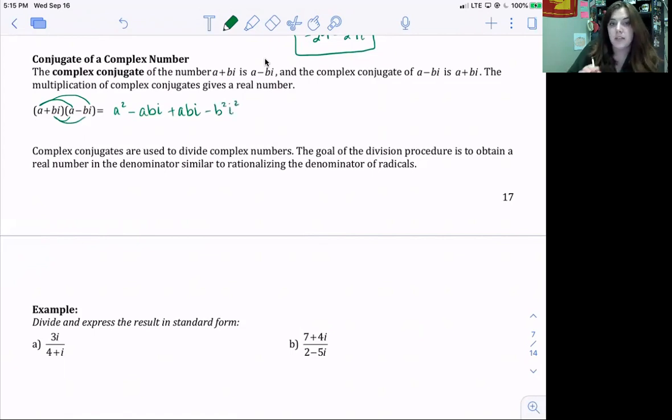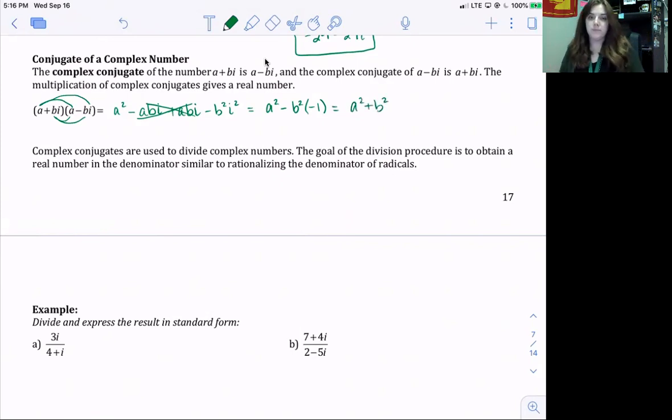So we can simplify this. Negative abi cancels with positive abi. So we're left with a squared minus b squared i squared. Remember, i squared can be rewritten as a negative 1. b squared times negative 1 gives us a squared plus b squared. So all of our i's went away.